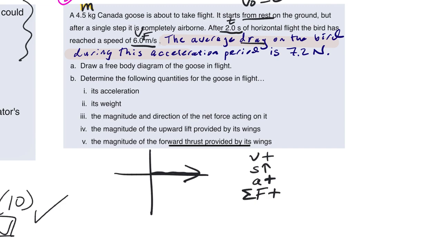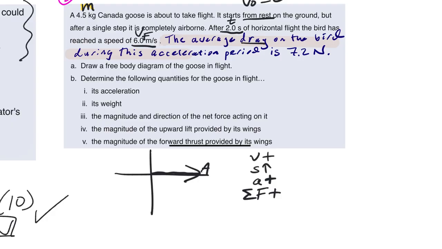So this applied force, because of the muscles in his wing beating the air, it's the air molecules being pushed against by the wings. Okay, there's a little bit of drag, but it has to be less because the goose is accelerating in the forward direction. So the applied force has to be bigger than the drag.